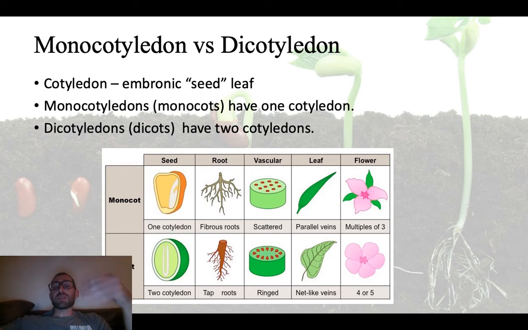And if we look at the petals of the flower, in monocots, they typically come in 3s or multiples of 3s, whereas in dicots, it's 4 or 5. So again, some physical distinctions can help you identify monocots from dicots. However, the real true distinction is that monocots have one cotyledon, one seed leaf, whereas dicots have two cotyledons, two seed leaves.